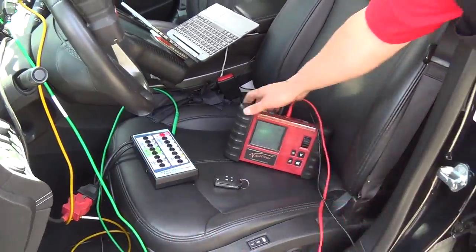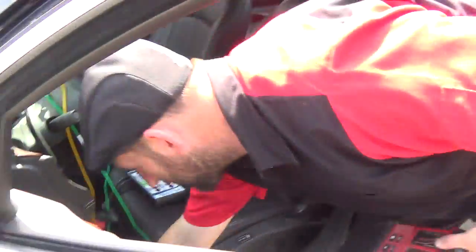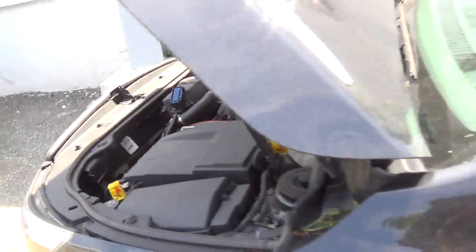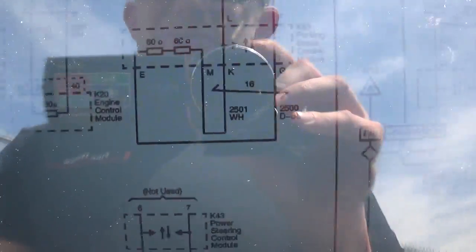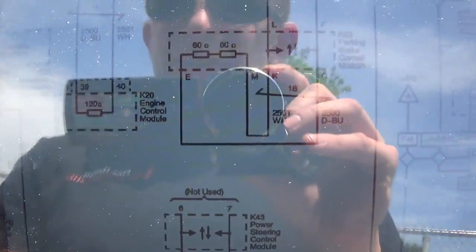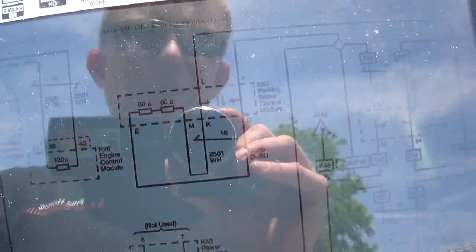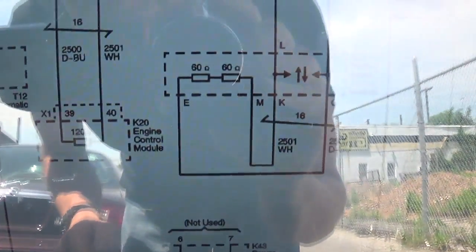But so basically wiring diagram, and you're going to put it across those 2 pins at the PCM connector. Yep. Okay. I'm pretty sure we already identified the connector. So let's see, engine control module pins 39 and 40 on connector X1. Right there.